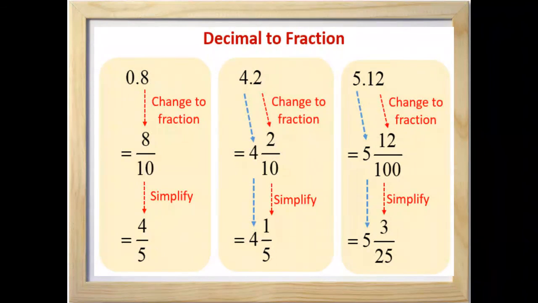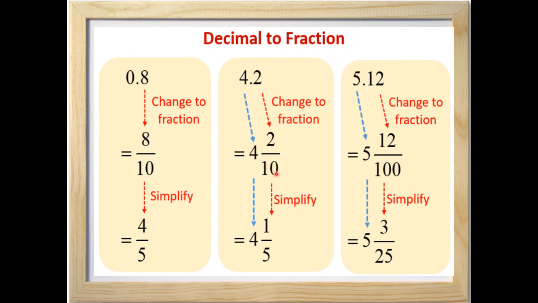Now let us take another example, 4.2. Here 4 is the whole number part and 2 is the fractional part. Again, it has only one decimal place. So we'll just keep the whole number part just like that, and 2 will be the numerator, and since it has only one decimal place, it is 2 by 10.